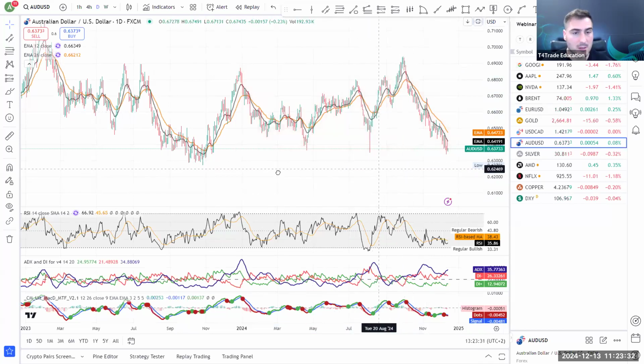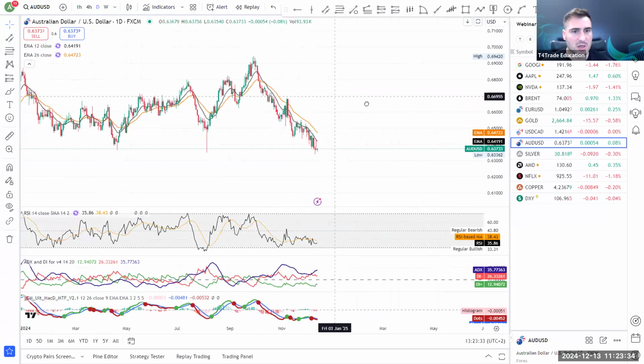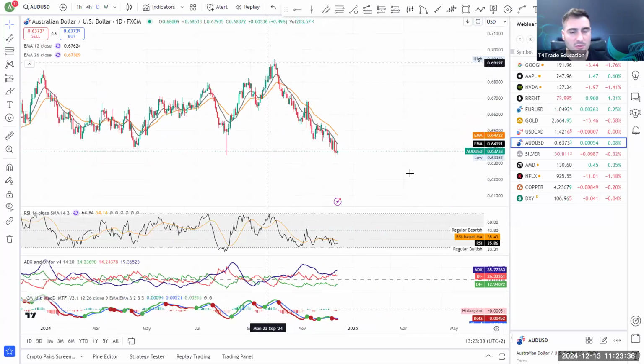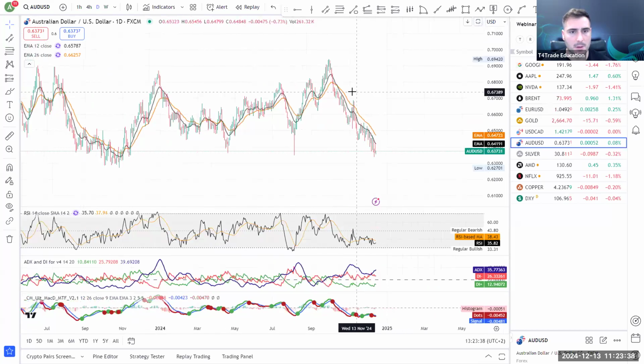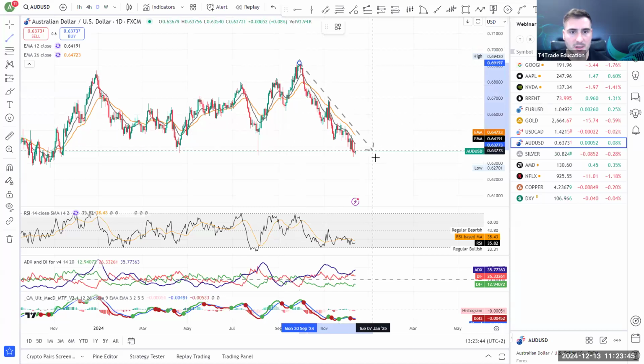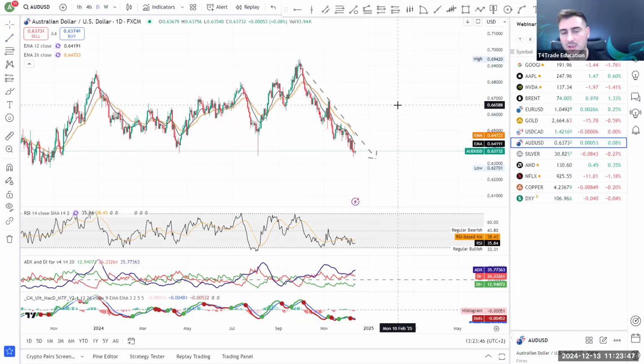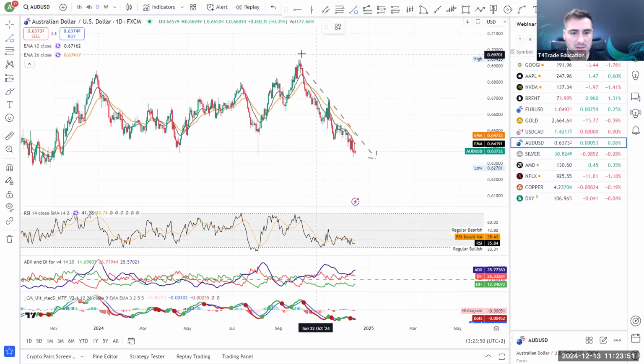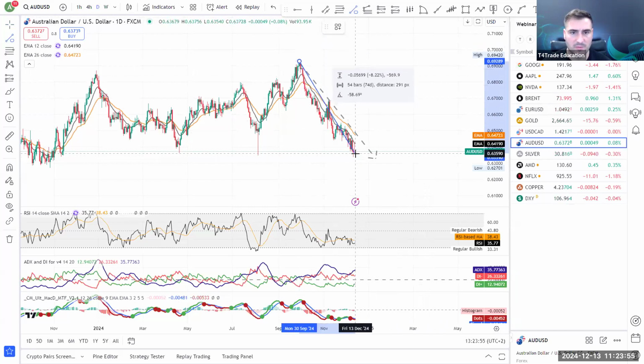But from a much shorter time frame, let's focus on this move specifically right here. Okay, we see a descending trend line. We can draw a descending trend line indicating that the Aussie is weakening substantially against the United States dollar, and this has been since the start of October, so the past 2 months now.